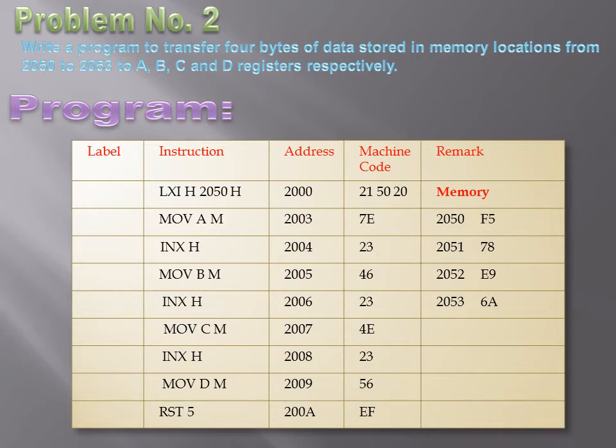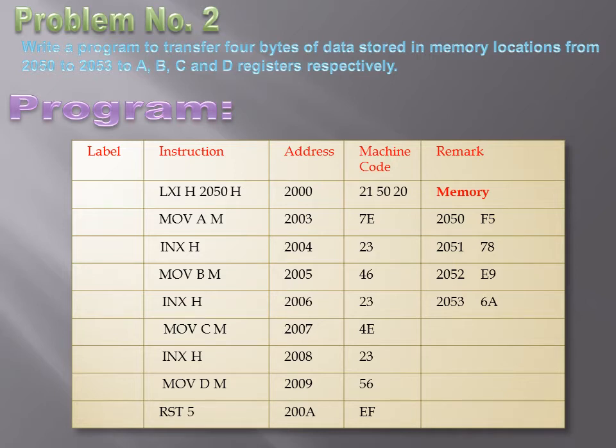When we have loaded the HL register pair with the pointer 2050, we say MOV A,M, meaning the memory location pointed to by the HL pair. In HL we have 2050, so F5 will move to the accumulator, and then we give INX H, meaning the HL pair will be incremented.